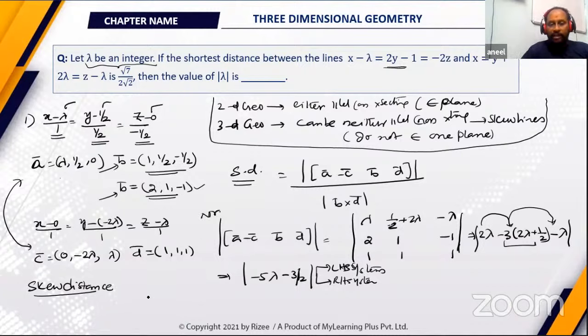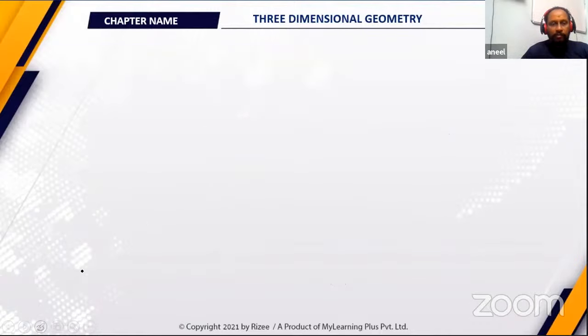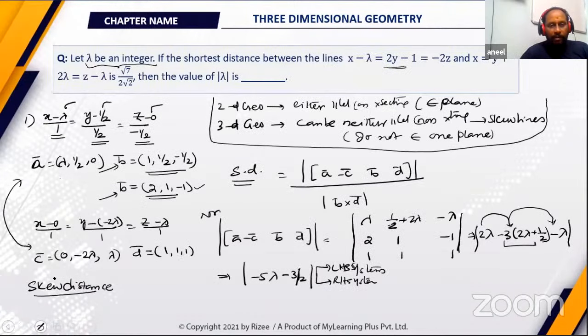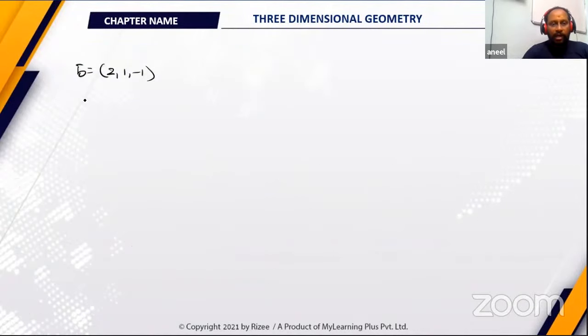Now we have to find the denominator part. The slide is not sufficient, so I am going to the next slide to find b cross d. Now b bar is 2, 1, minus 1. Did I copy that right? Let me see. 2, 1, minus 1, correct? And d bar is 1, 1, 1.